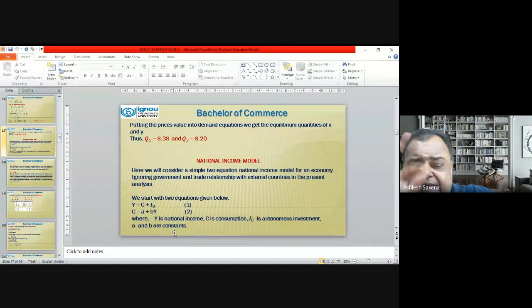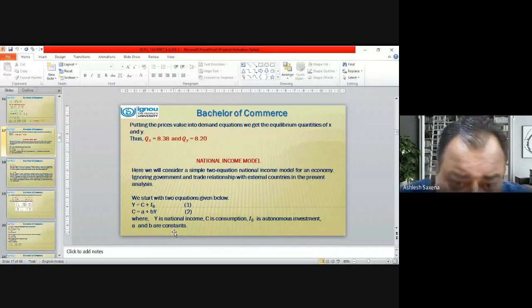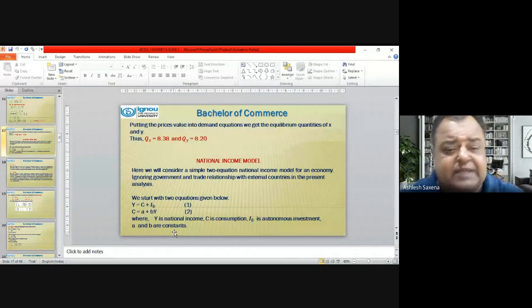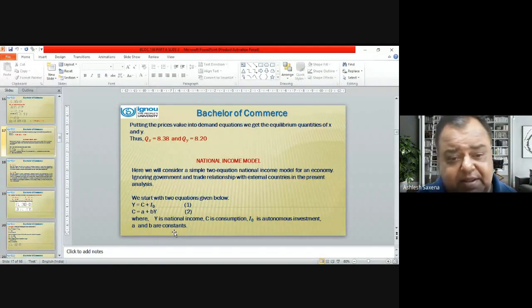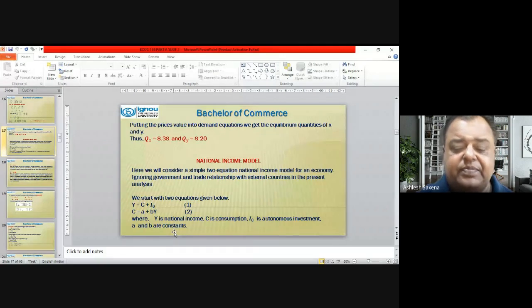We will be taking up the simple conditions to understand what is the application of matrix in economics. So we have two standard equations. That means Y is equal to C plus I naught and C equal to a plus bY, where Y is the national income, C is the consumption, I naught is autonomous investment, and a and b are constants.